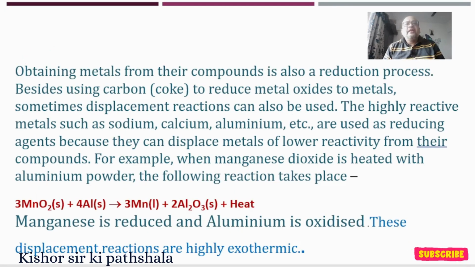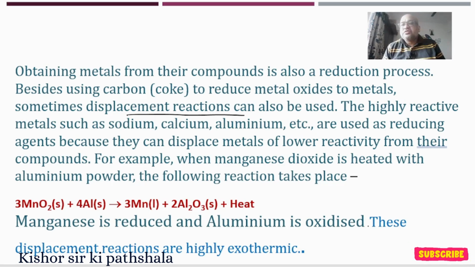Now, obtaining metals from the compound is also a reduction process, right? Besides carbon to reduce the metal oxide to metals, we are using a displacement reaction. We all know that a highly reactive metal will displace the less reactive metal from its salt.